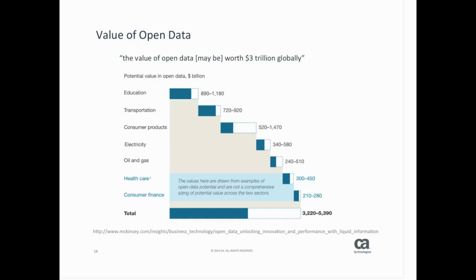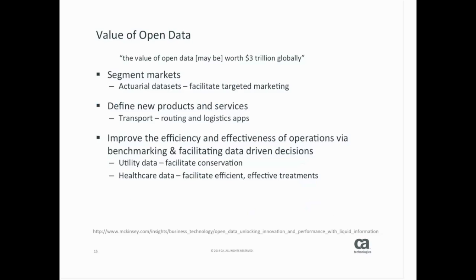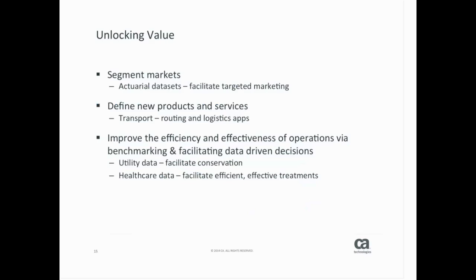So let me make that a little bit more real for you by diving in and giving you some good examples here. My favorite industry, and there's many, many industries that this can benefit, but my favorite one is insurance. Insurance has actuarial data sets that date back, in some cases, hundreds of years. And that's data about you and me, ordinary people, how we live our lives, what our salaries are, what our expectations are, what our businesses are like, what our jobs are like.